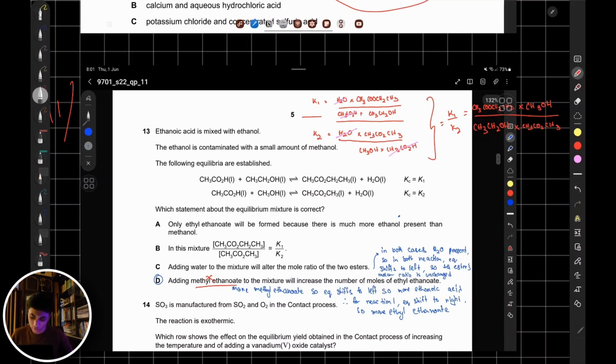That's the first equation, R1. And ethanoic acid reacts with methanol to form methyl ethanoate and water. That is reaction 2.